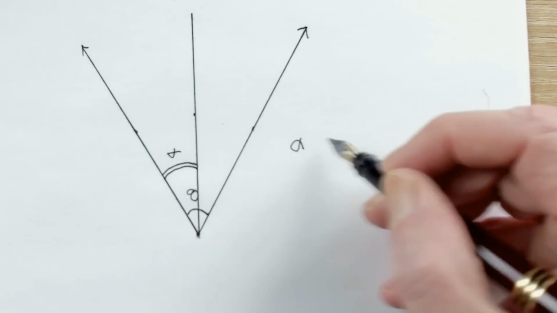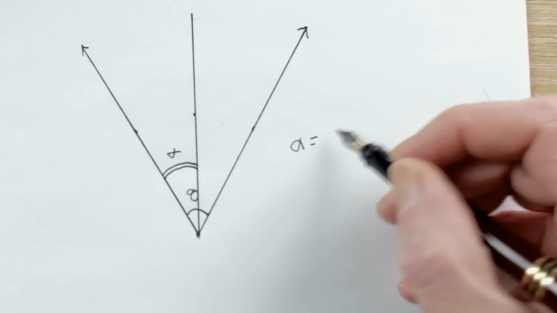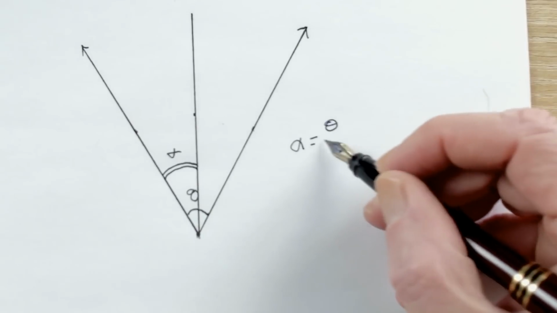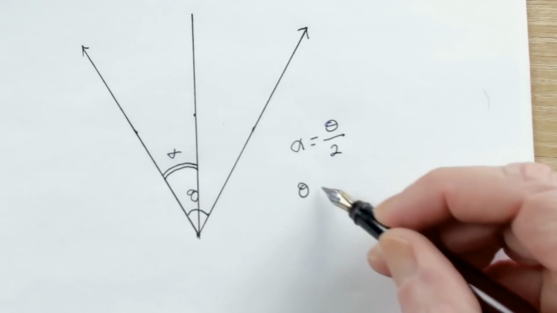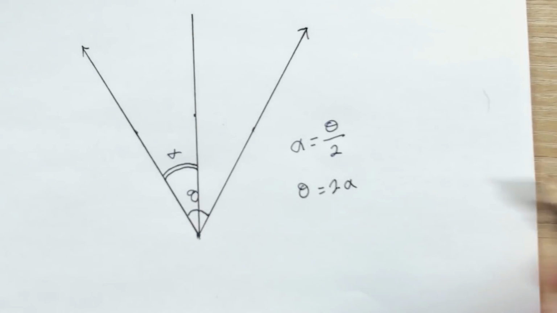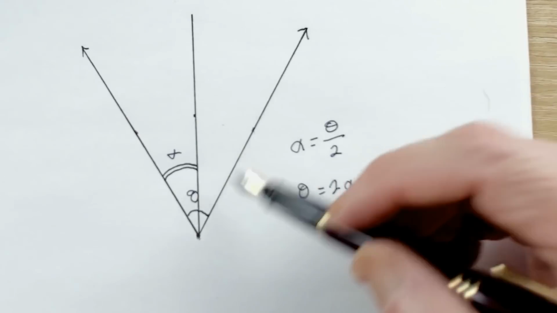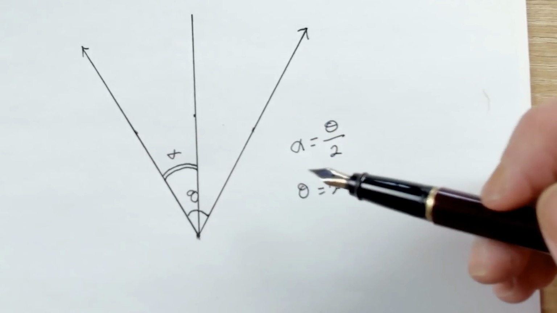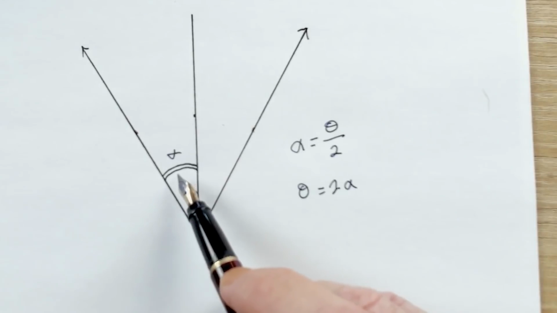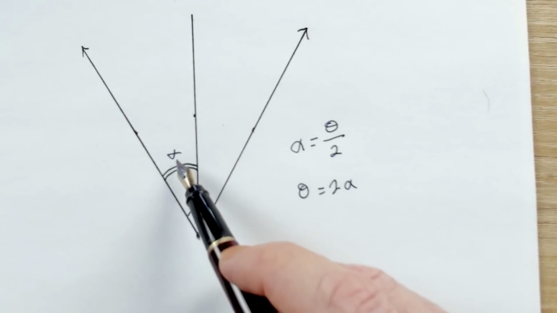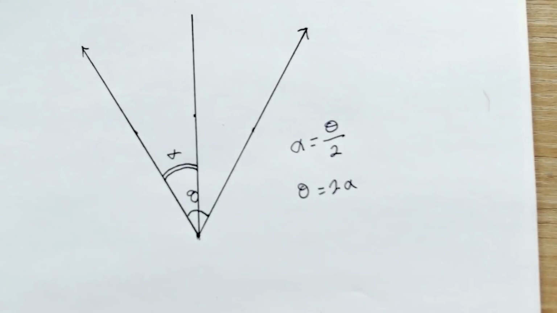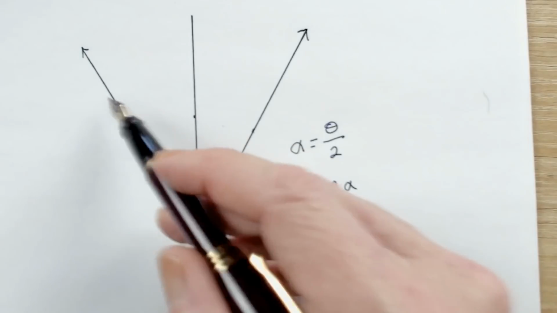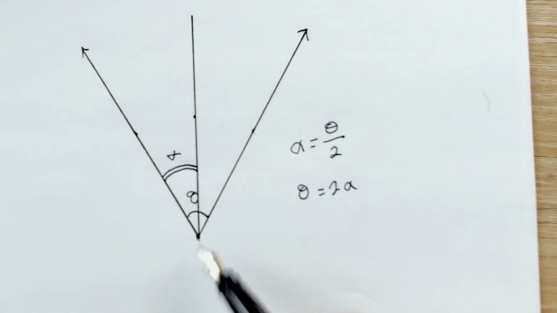Angle alpha equals angle theta divided by 2. Angle theta equals 2 alpha. So notice that there is absolutely no radius involved in any of this. What we're doing is employing the Haversine formula to find the Haversine, which we're calling angle alpha, in order to determine angle theta between the starting point and the ending point and the center of the Earth.